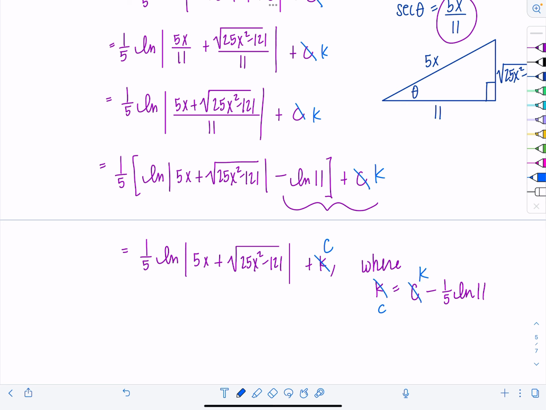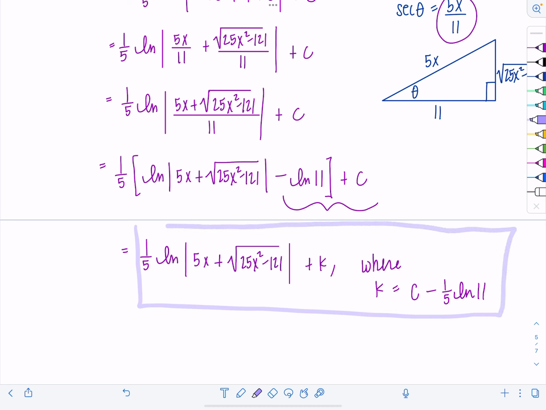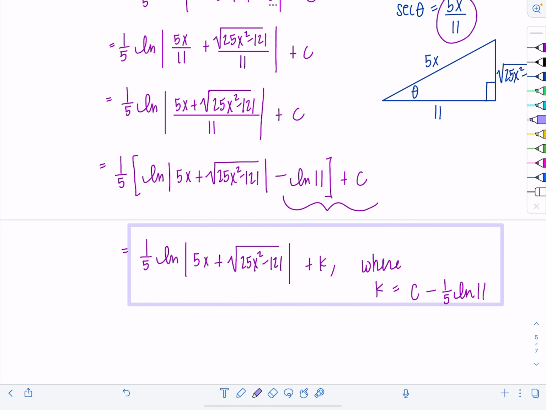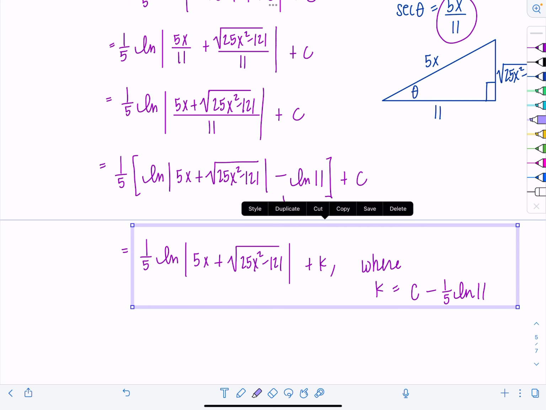I mean, it doesn't matter. It's just if you want plus c to be how you write the final antiderivative. Okay? Whatever. That looks so messy. I'm just going to pretend we were happy with the k. It doesn't matter. Check with your instructor. If they're super picky, then do what they want to make them happy. Okay? Good.